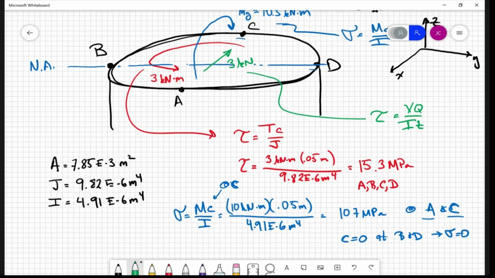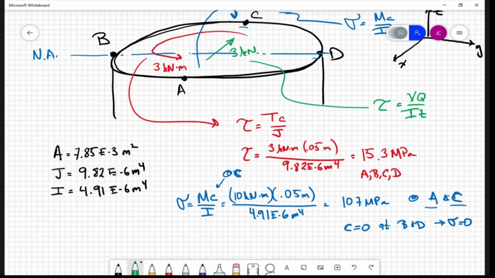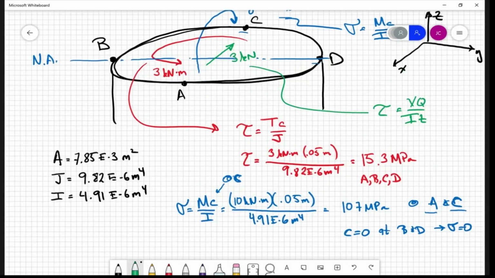It would be maximum at A and C. No, actually at A and C it vanishes. It's maximum at B and D. It's the opposite of bending, actually. So it will be maximum at the neutral axis. That's correct.